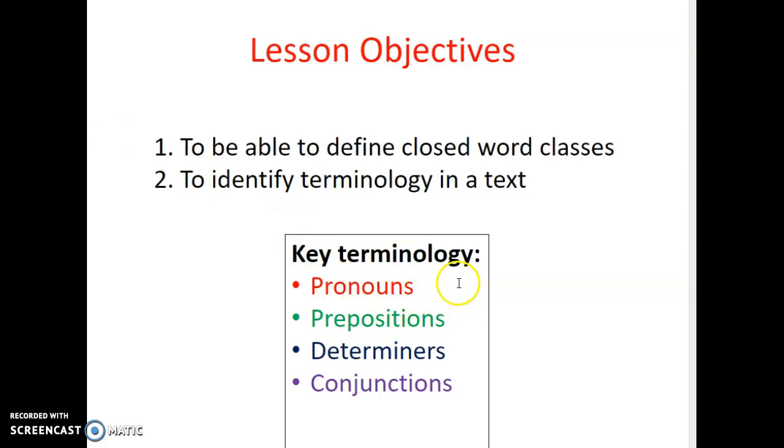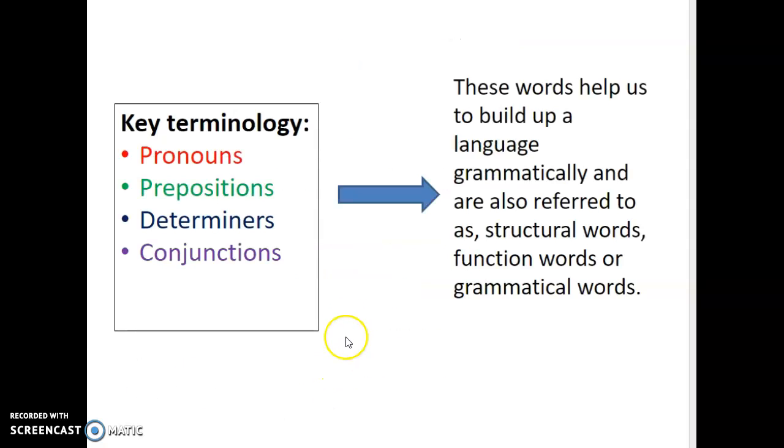So it's pronouns, prepositions, determiners, and conjunctions. You may have heard of these, you may be familiar with some of these words, you may not. Either way, we're going to go through this in some detail over the next couple of lessons and try to apply our knowledge. So these four types of words here are what we call function words.